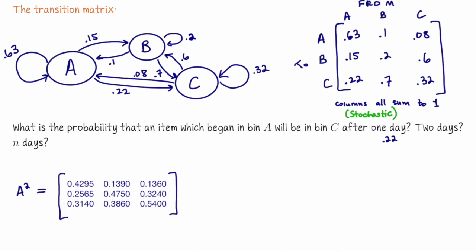So I just copy that directly from MATLAB. The columns and rows here still have the same meaning. So the first column is from A and the third row is to C. So this entry here tells us that there's a 31.4% chance that after 2 days, you would find that you had started in A and arrived in bin C.